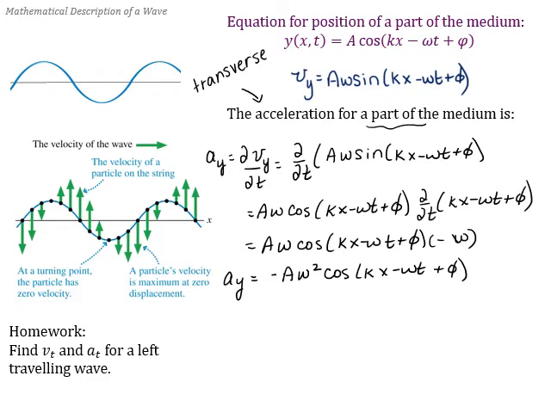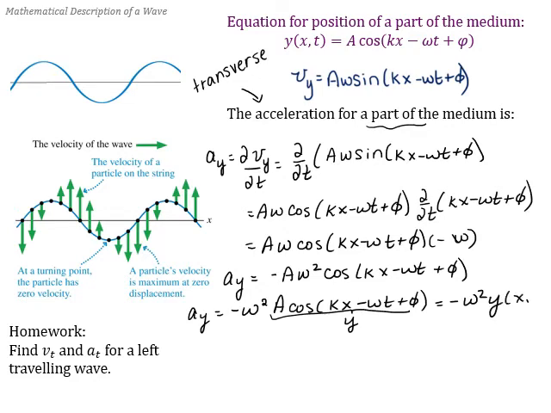Okay, what interesting things are we going to say here? Our transverse acceleration, we could also say, is minus omega squared times A times cosine of kx minus omega t plus phi. This part, you might recognize as just being the height of the wave, so minus omega squared times y of x and t.